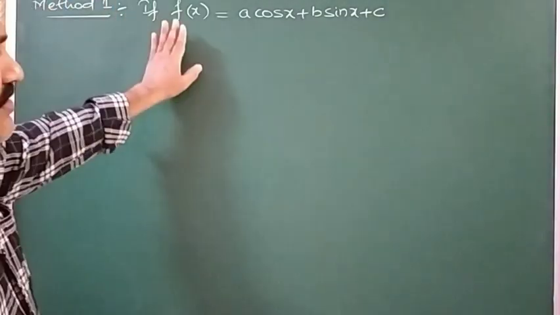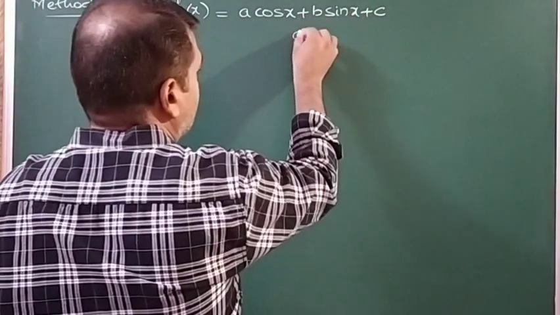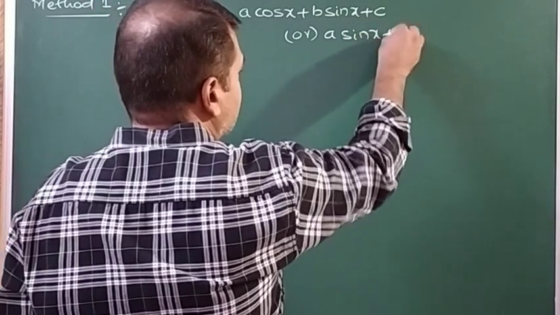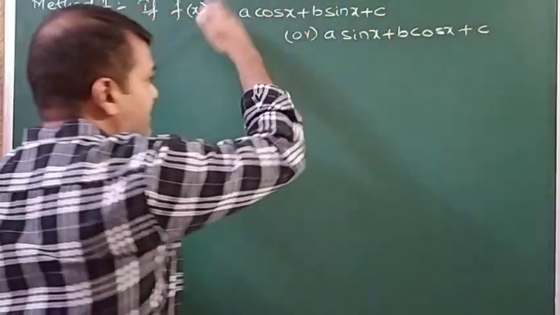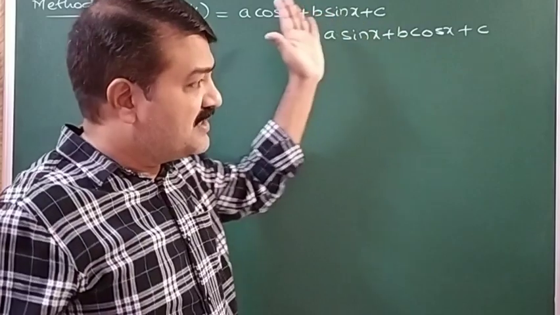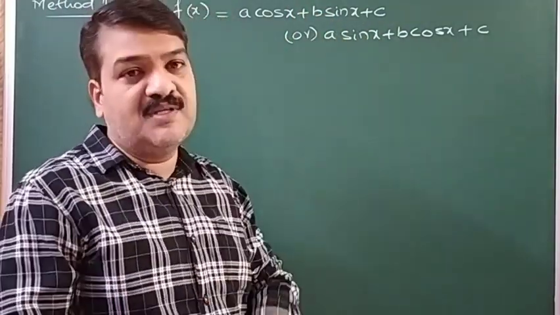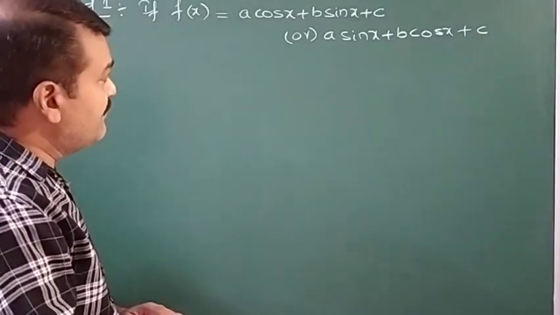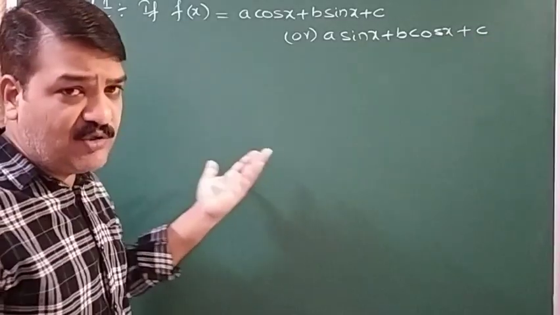So whenever f of x is of this form, or even f of x is in the model of a sin x plus b cos x plus c. So already in the trigonometry part we have learned how to find the extreme values of this function. So range is nothing but functional values only. So therefore we have learned in trigonometry how to find the extreme values of this. That only we will use here.